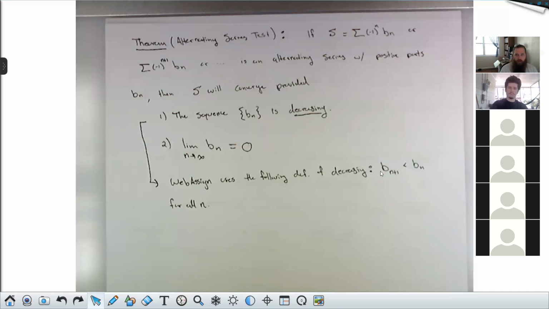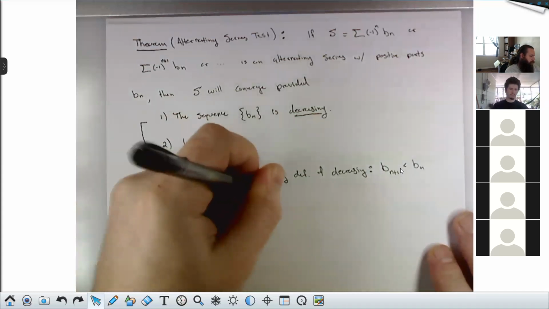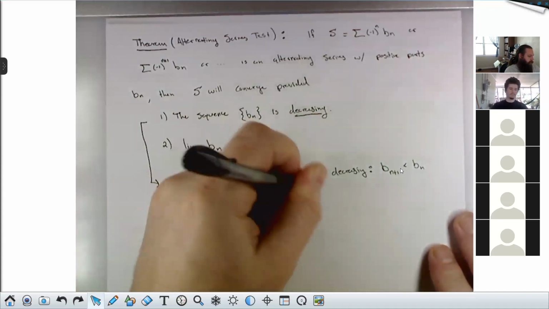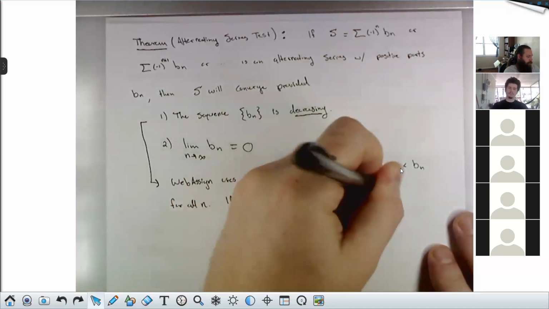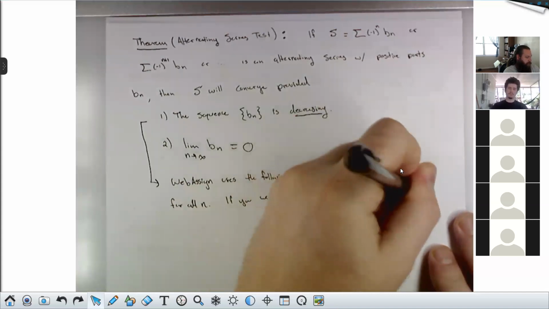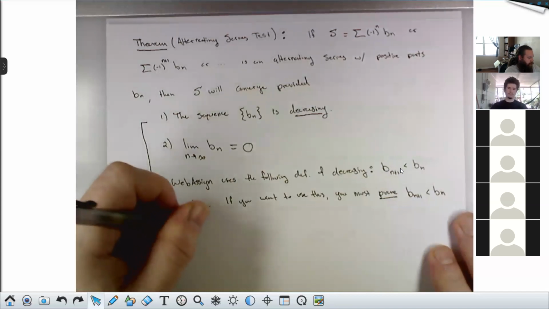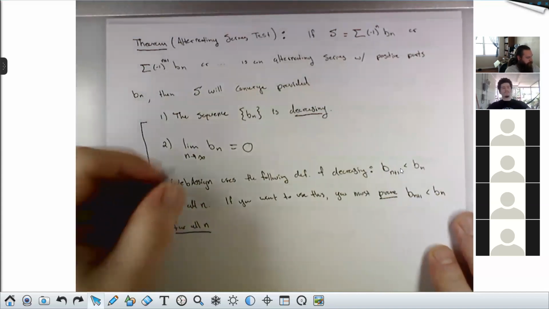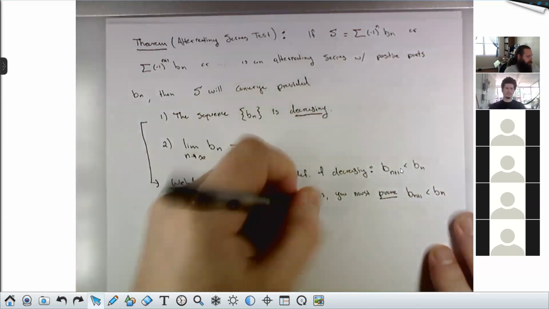And this is fine, but this is sometimes hard to prove. And you cannot just check one or two values for n and say this is true. If you want to use this, you must prove that Bn+1 is less than Bn for all n, not just check a few values.